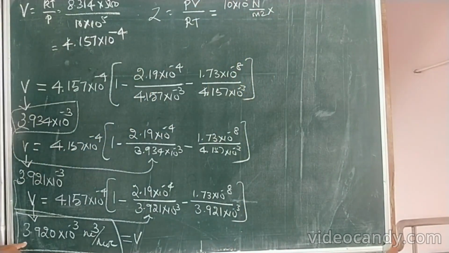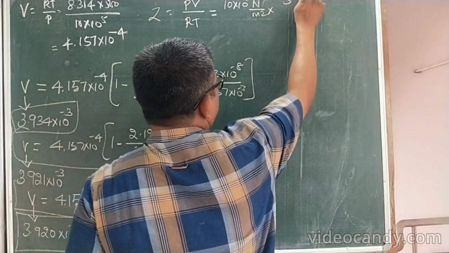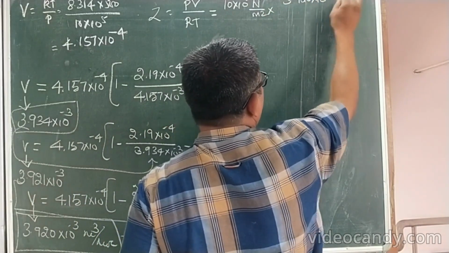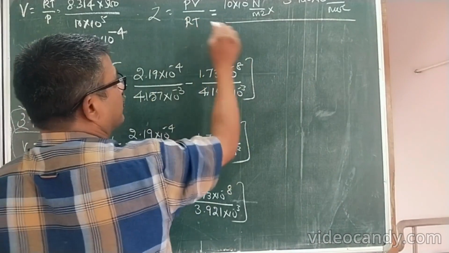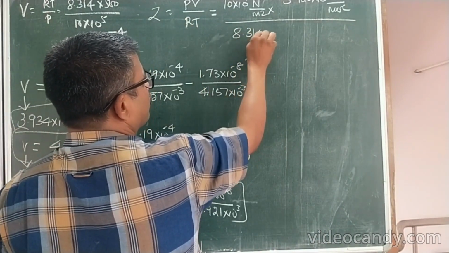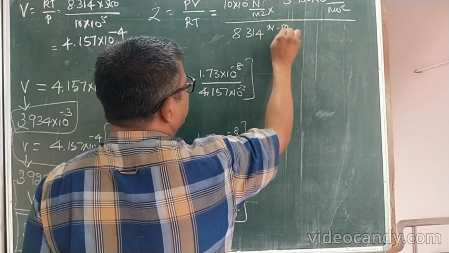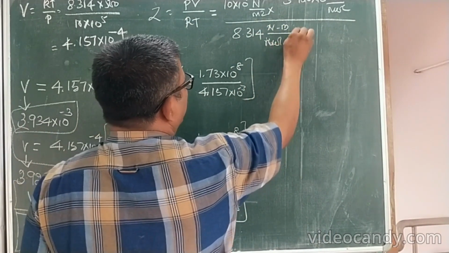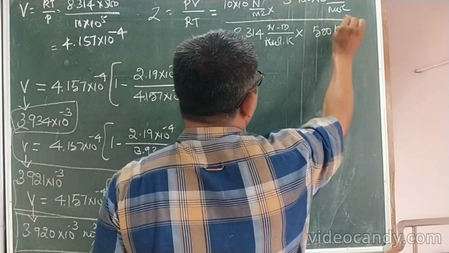Just now I predicted 3.920 into 10 to the power of minus 3 meter cube per mole, divided by R, 8.314 joule per mole degree Kelvin. I am going to write Newton meter per mole degree Kelvin. And temperature is 500 degree Kelvin.